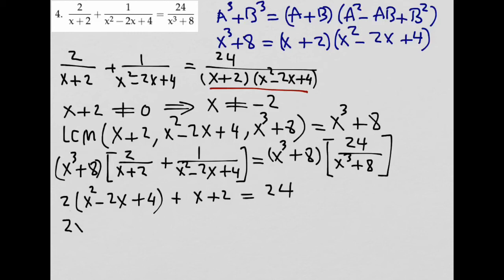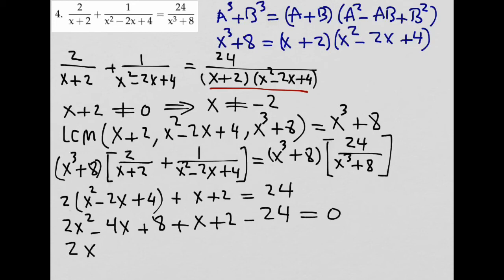We have 2x squared minus 4x plus 8 plus x plus 2 minus 24 equals 0, which reduces to 2x squared minus 3x, and 8 plus 2 minus 24 is minus 14. So we have a quadratic equation, 2x squared minus 3x minus 14 equals 0.